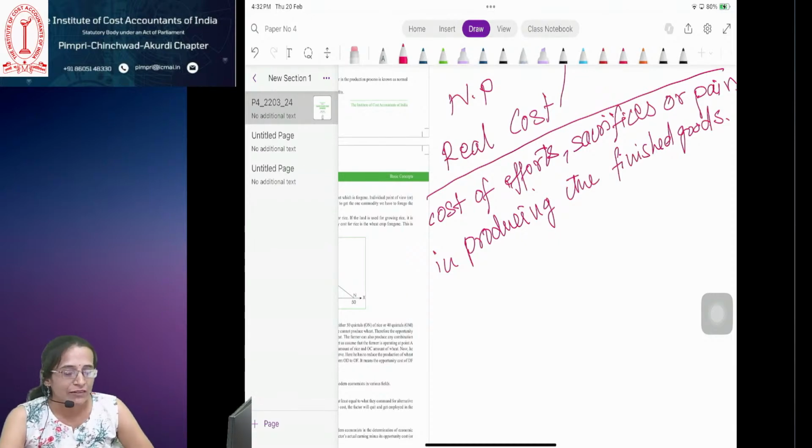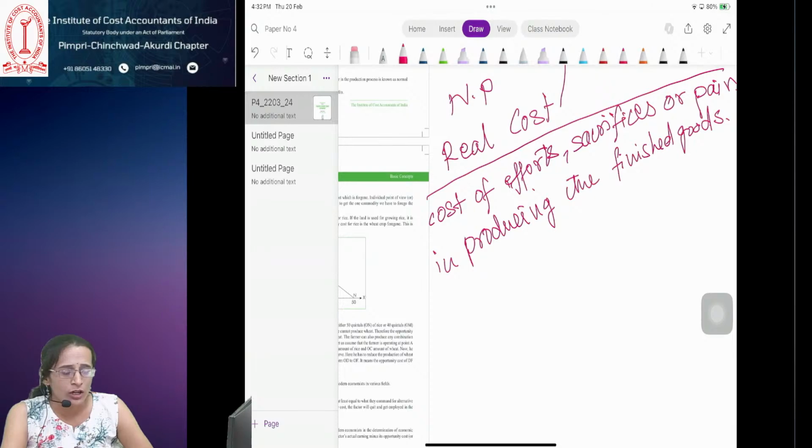So these efforts and sacrifices are the cost which they are saying is a real cost. But are you able to measure these sacrifices and costs that you have made? No. So precisely, real cost is a cost which cannot be measured in monetary terms.